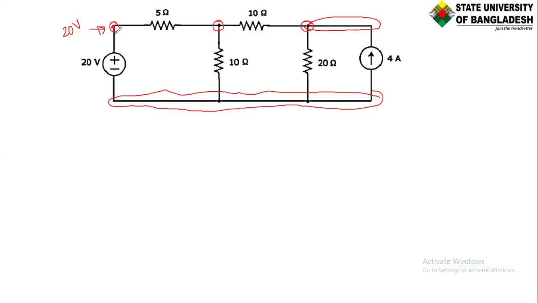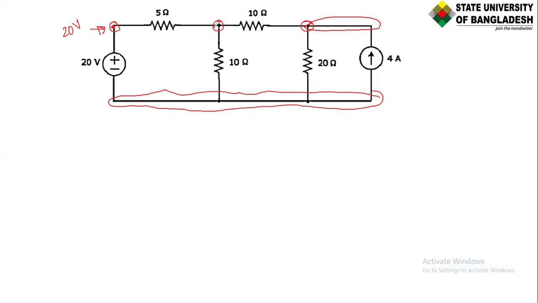So if any node is directly connected with an independent voltage source, then you will identify that node as the voltage source value, except in a super node situation. So what is a super node? We'll discuss these things in later classes, so there is nothing to be worried about at all.